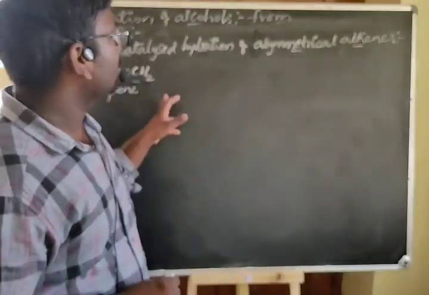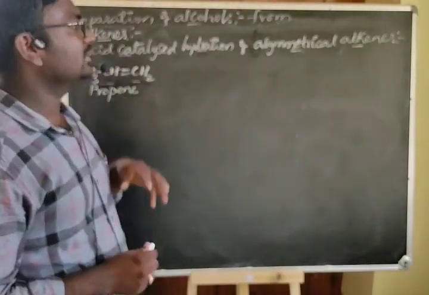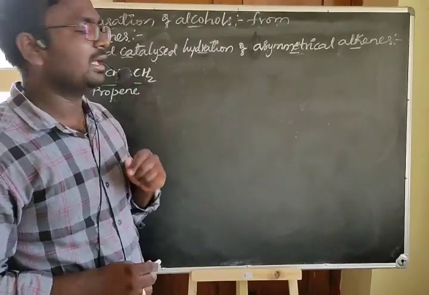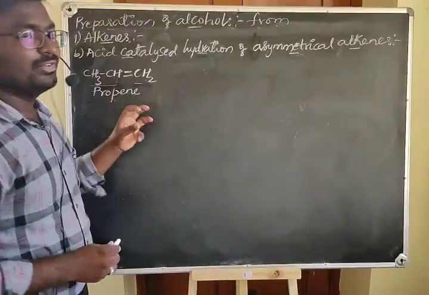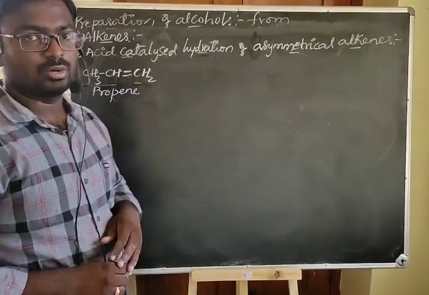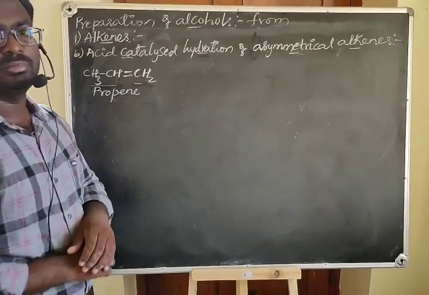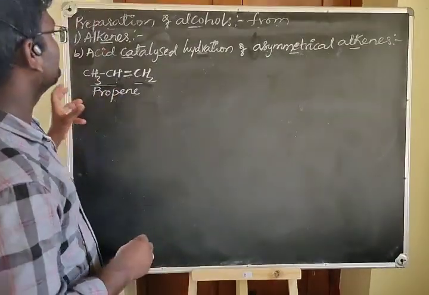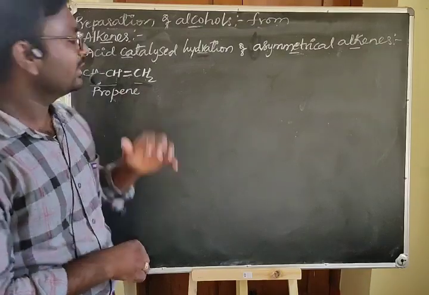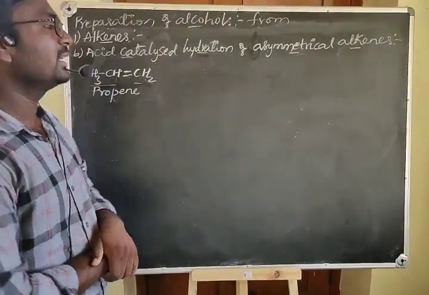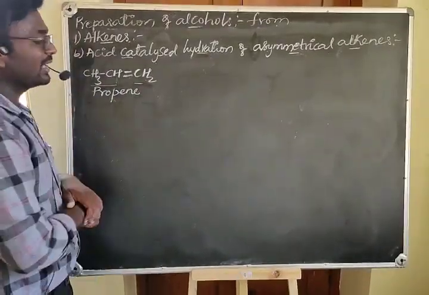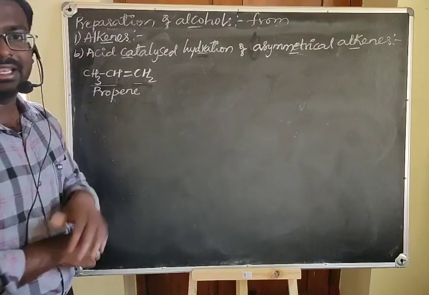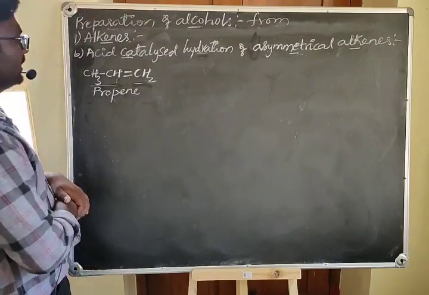Dear students, now let us consider an unsymmetrical alkene from which we can prepare alcohols. So what is so important about considering the unsymmetrical alkene? Let us first know what an unsymmetrical alkene is. See, here we have propene. It is an example of an unsymmetrical alkene.